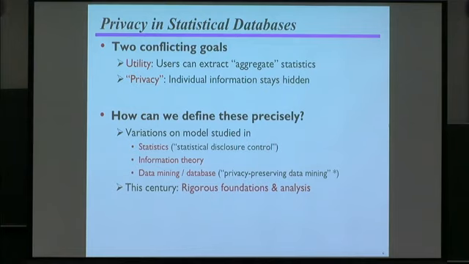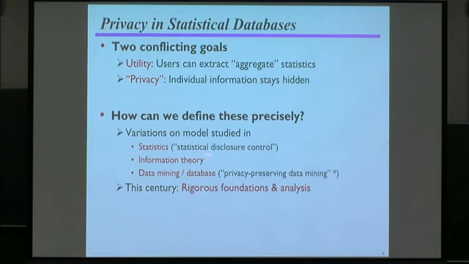And the question we'll be asking for the first part of this tutorial is, how can we define these terms precisely? And I claim that utility is the thing that most of us are used to thinking about. If you take a statistics class or a data mining or machine learning class, you think about various measures of utility. There are many different measures, but it's a relatively well thought through question. Whereas privacy is something that is significantly less well understood.